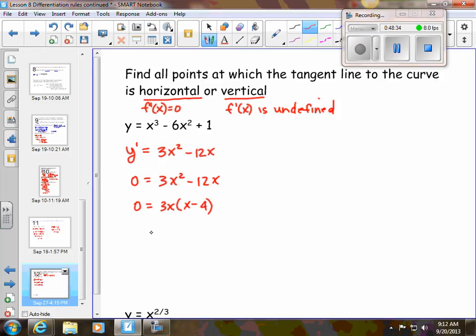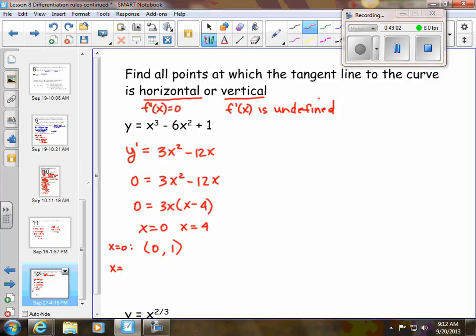So when will this derivative be 0? When? Okay. But it said to find all points. Very good. When x is 0, plug it back into the original. When x is 0, what is y?